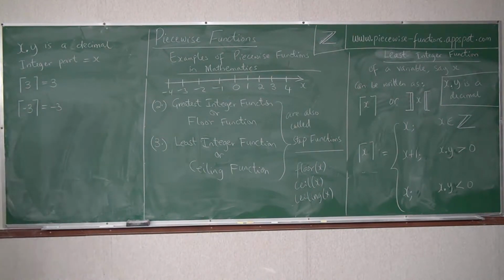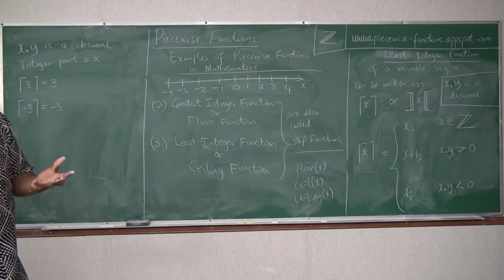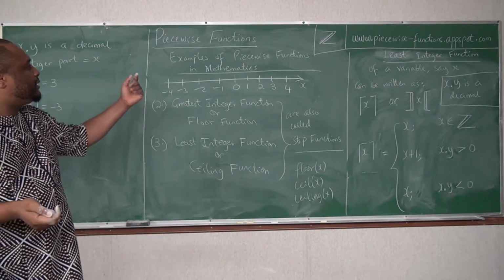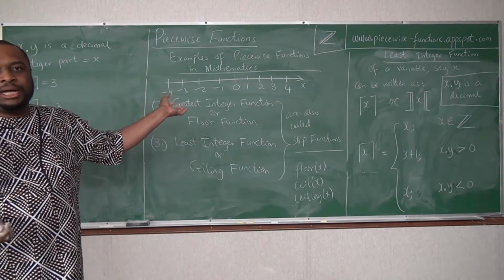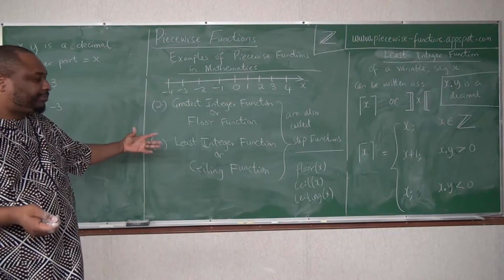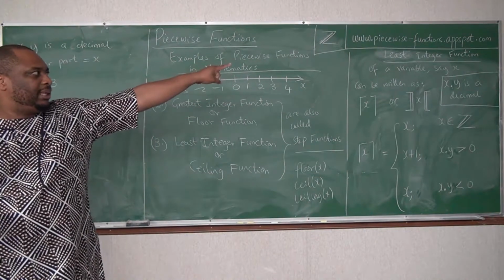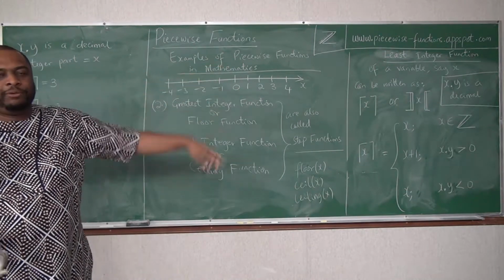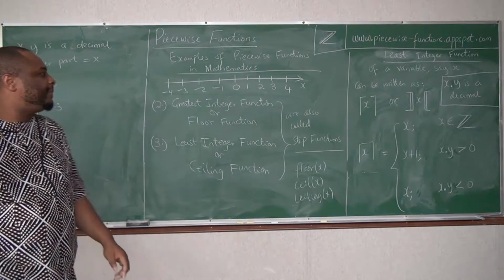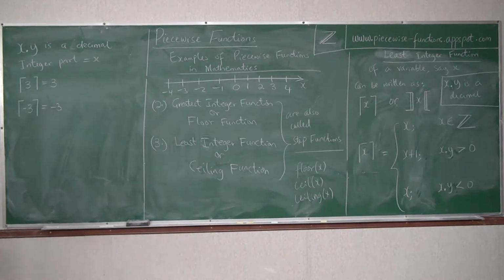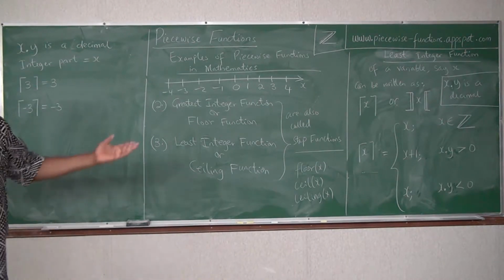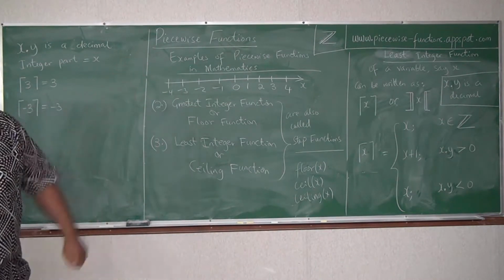Period. And please, there are calculators for this, greatest integer, least integer and absolute value. You will get the calculator on this website if you want to play with it, and also some calculators for some of the applications that we're going to do.